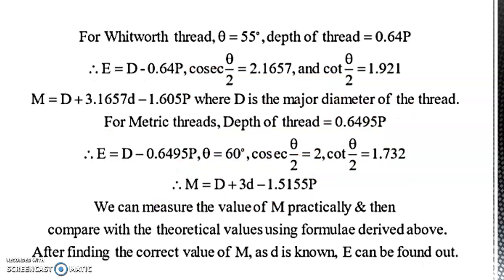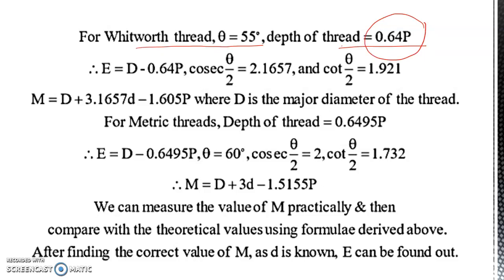We can simplify this equation for m with the known values for different standards of thread. For a Whitworth thread, we know that the thread angle theta is equal to 55 degrees, and the depth of thread is 0.64 of the pitch.